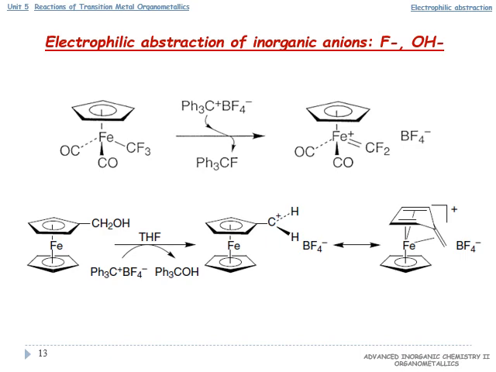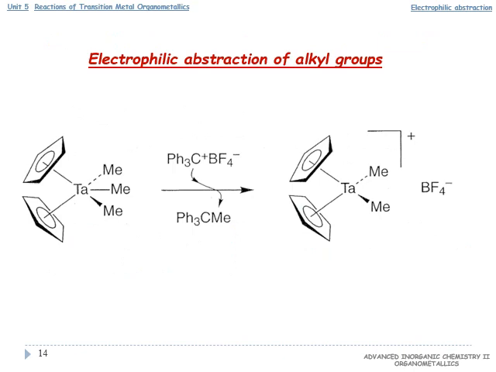The bending angle of the exocyclic double bond towards iron is 21 degrees, which clearly shows that this double bond is coordinated to iron. Finally, the abstraction of a methyl carbanion can also be effected using the trityl cation.